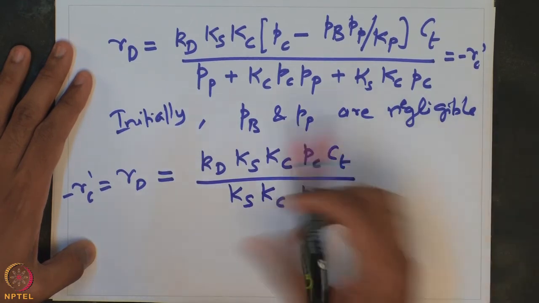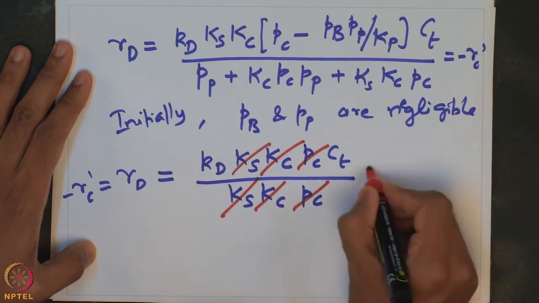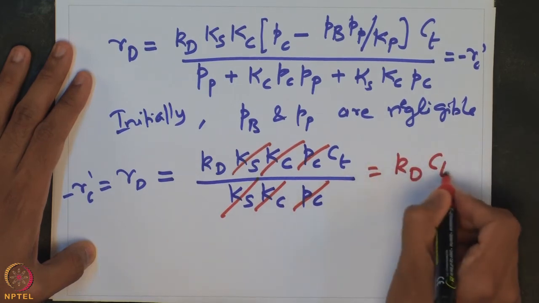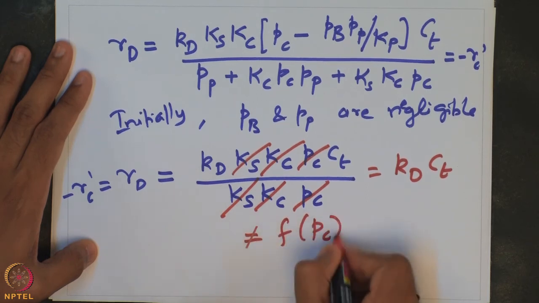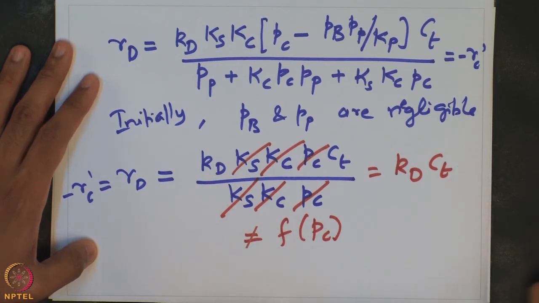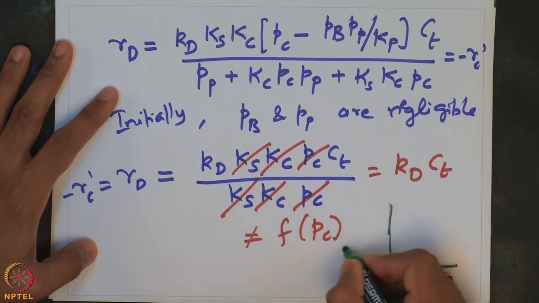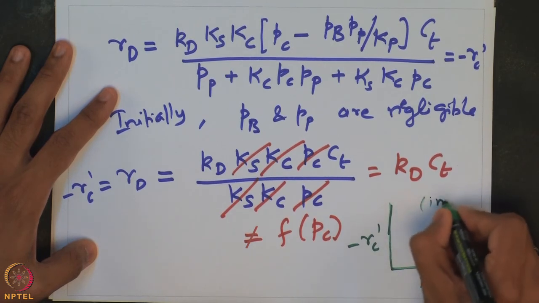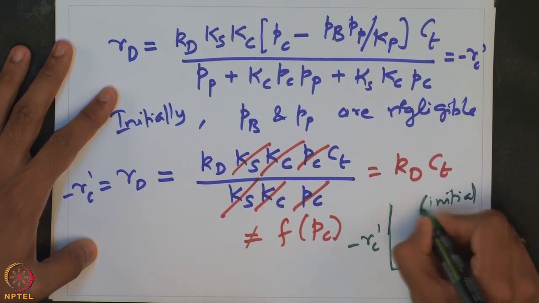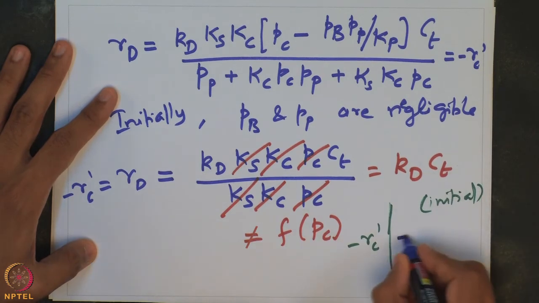So, we can cancel these out. This is essentially equal to Kd into Ct, which means that it is not a function of the partial pressure of cumene. If I now plot the rate minus Rc prime versus Pc in the initial phase, then the curve will essentially be constant.